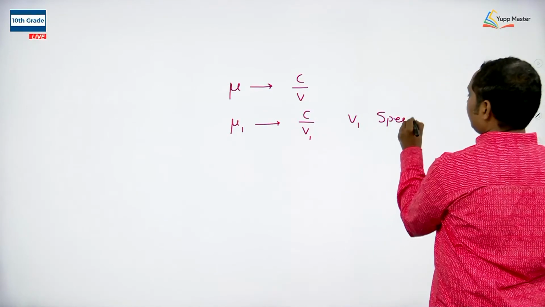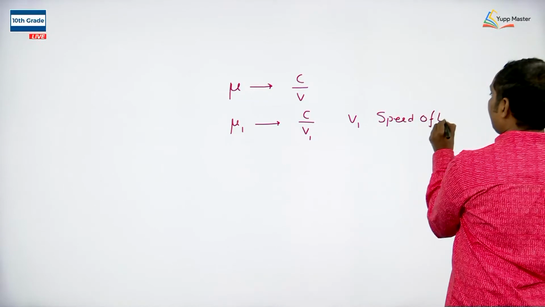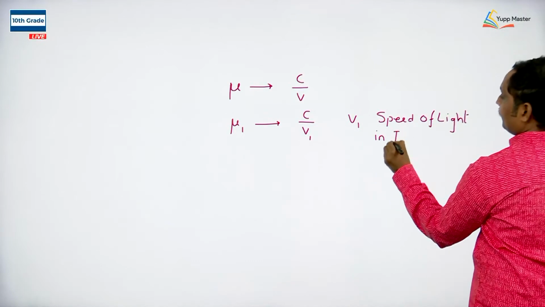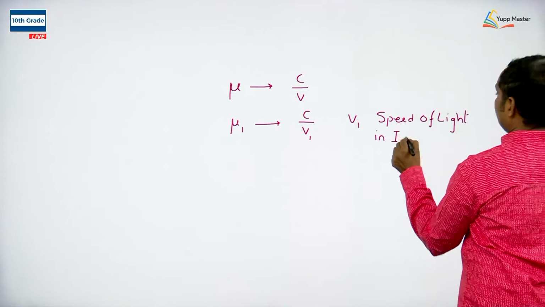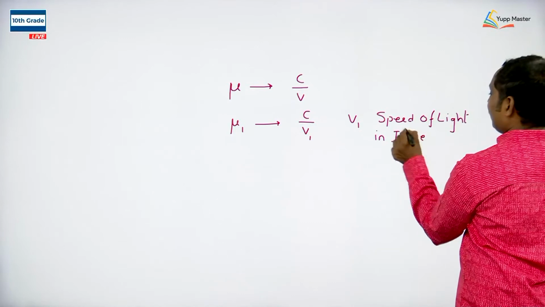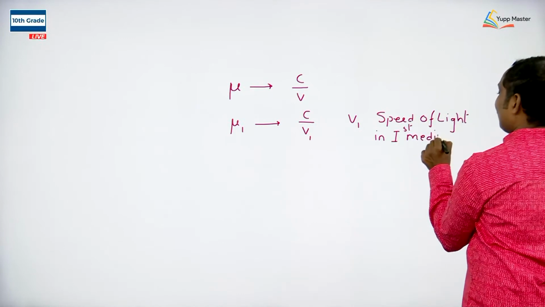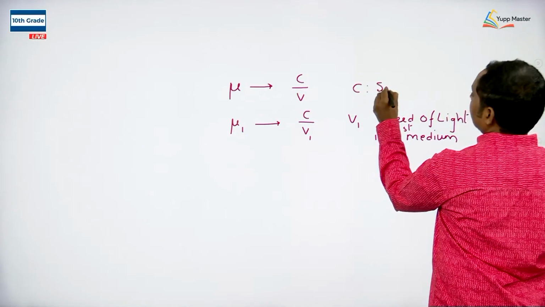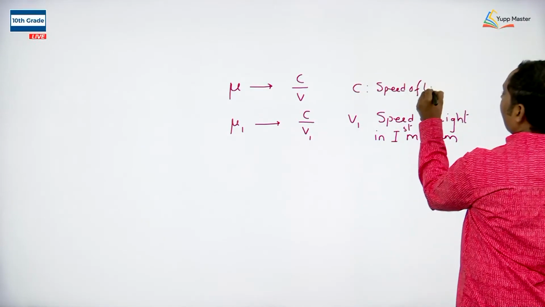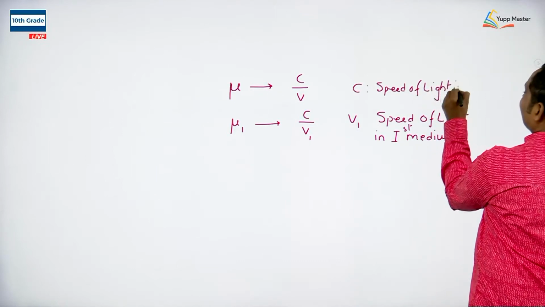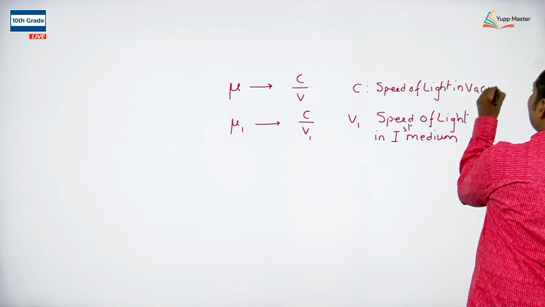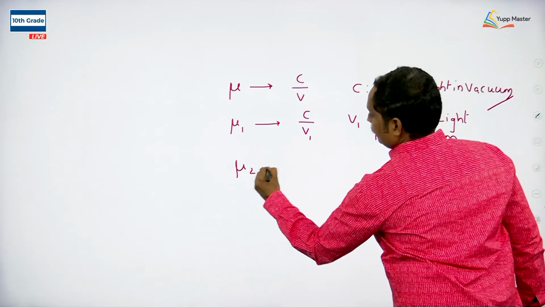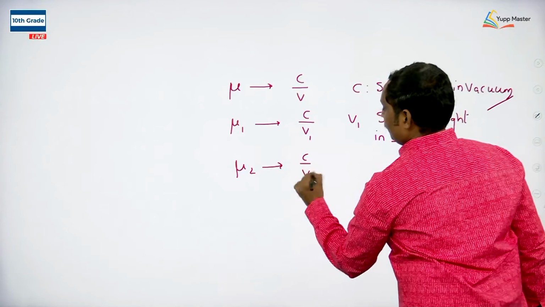Speed of light in the first medium. That is very clear. So, C is the speed of light in vacuum. That is very clear. If you are going to take mu 2, that is C by V2.